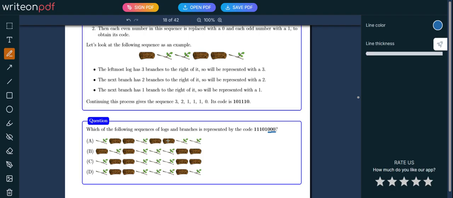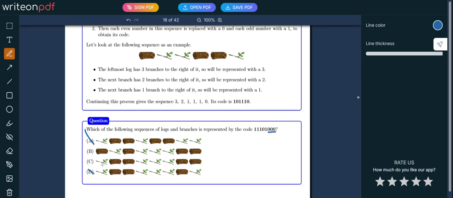Now this log supposedly has 0 to the right, but it has 2, so it's not A. This branch supposedly has 0 to the right of it, but it does, so it might be this one. Same with this one. And this one has 1, so this is also incorrect. Now we're left with B and C.